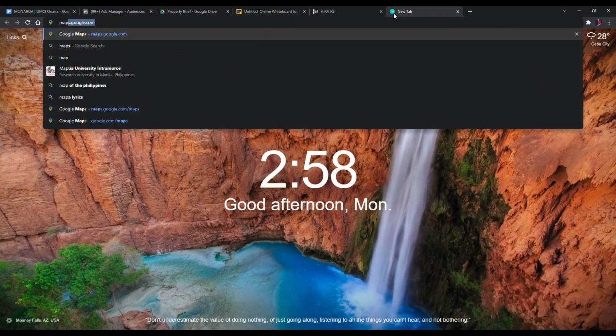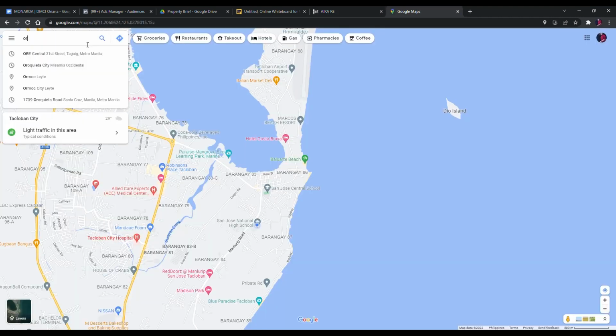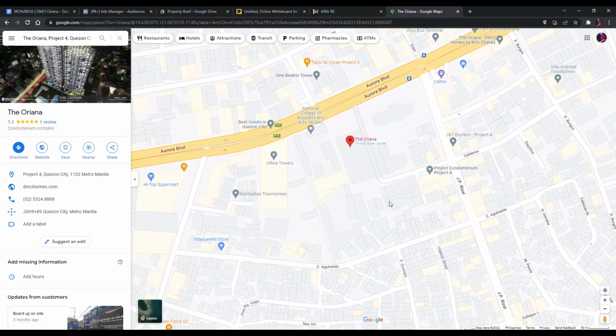So let's go to maps.google.com, since this is what they're saying right here, small families with office or businesses in the surrounding area. Also, young professionals probably within the surrounding area. We're going to search Oriana Project 4, and there we go.